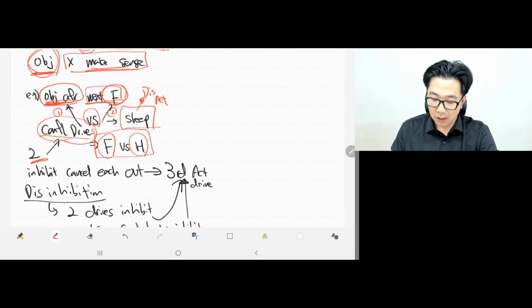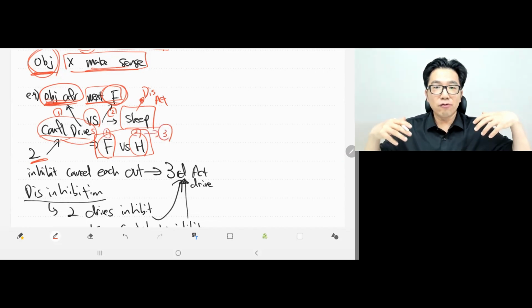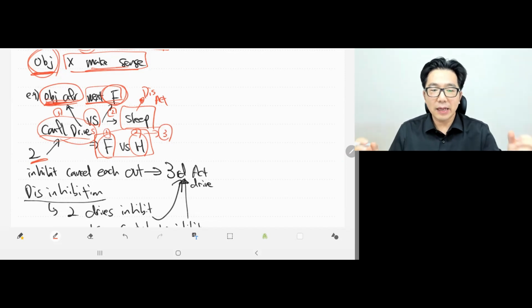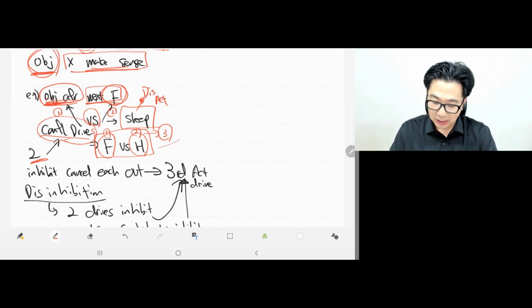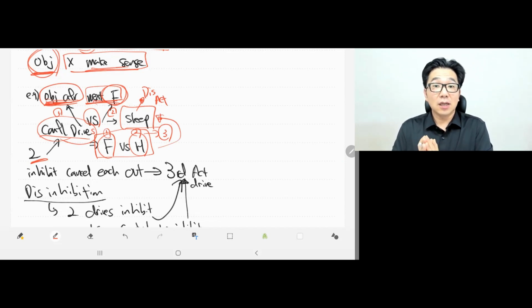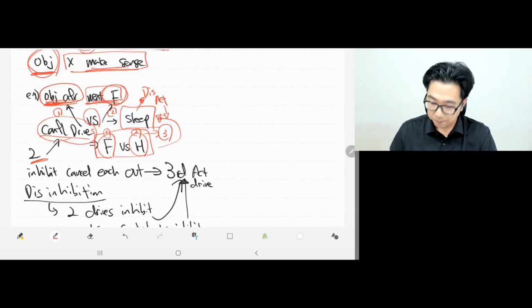But the animal takes neither the first action nor the second, but a completely irrelevant, out of place, inappropriate action, that is sleeping. The animal doesn't run away, doesn't take the food, it starts sleeping. So that's displacement activity. You understand, right? Okay, cool.